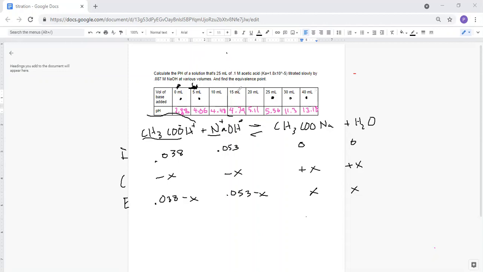Our x is our limiting reagent, which is acid in this case. So 0.038 is our limiting reagent. I'm going to get rid of the x's. All right, 0.038 minus 0.038, minus 0.038, gain 0.038, gain 0.038.